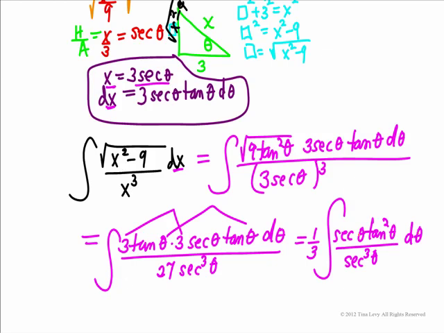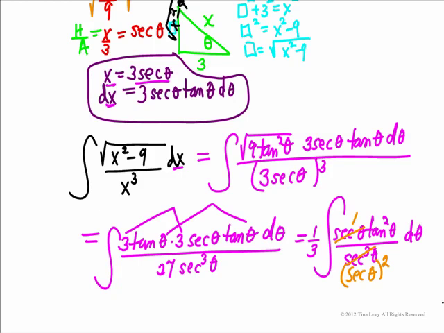I'm going to simplify. This secant cancels, and I have secant squared theta. One easy way of doing this is, we know this is 1/3 tangent squared theta over secant squared theta d theta. So I'm going to change this to sines and cosines.